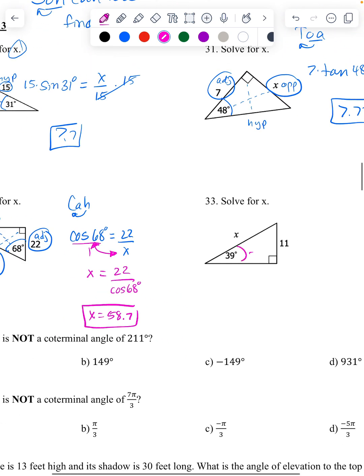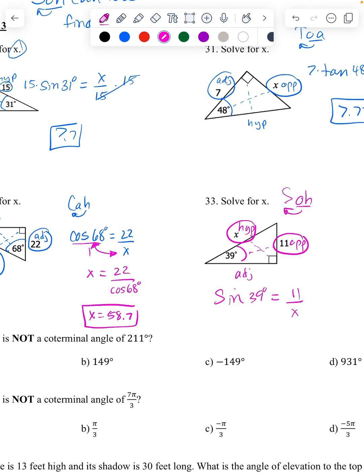And here's my angle. Straight across from that is opposite. Here's my 90. Straight across from that's hypotenuse. This side is the leftover, but I also don't know or need to know anything about that side. It's blank. So I'm only interested in opposite and hypotenuse. Opposite and hypotenuse means I have to use sine. So the sine of 39 degrees is equal to the opposite over hypotenuse.